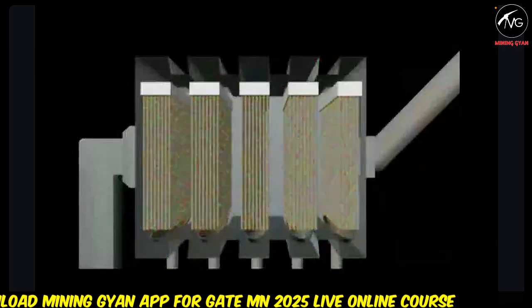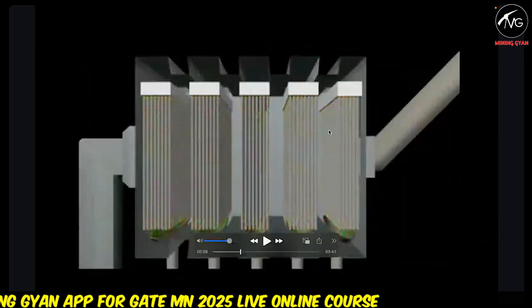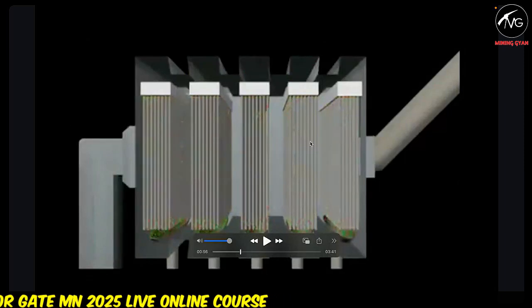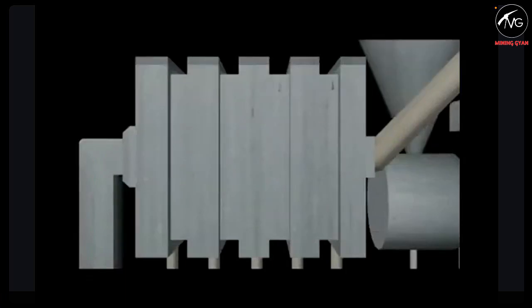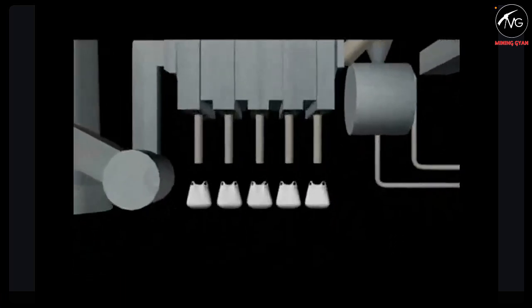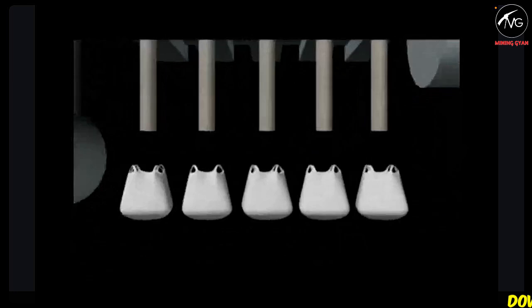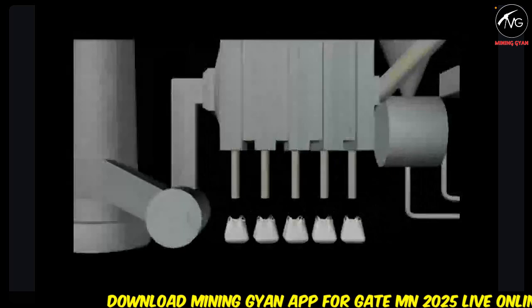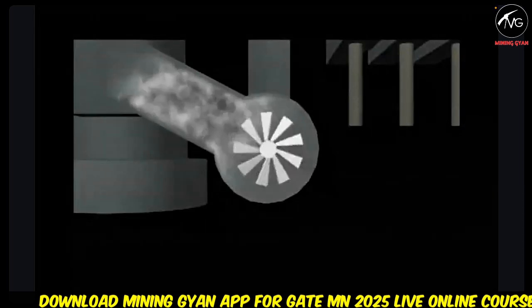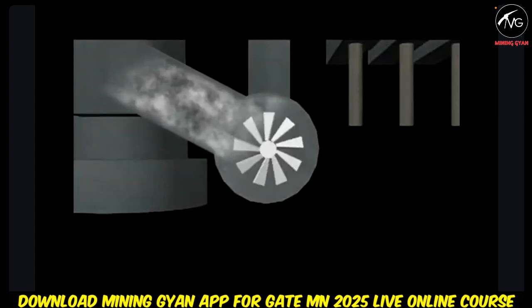These are the cells. When the air comes, the particles will stick to these walls, and we knock these walls with any instrument or mechanism, and then the particles will fall down, or we collect these dust particles, and pure air will be taken out from the outlet.